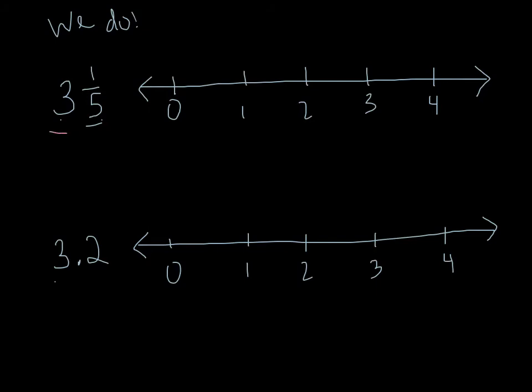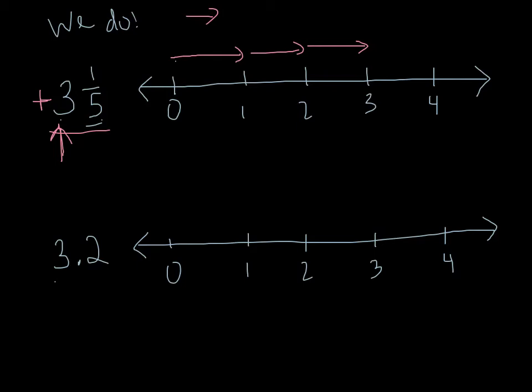Okay, focusing on this one first. I've crossed across 3 whole numbers starting at 0, going in the positive direction because it's a positive number. 1 full number, 2 full numbers, 3 full numbers. So I have $3 and a little bit more.